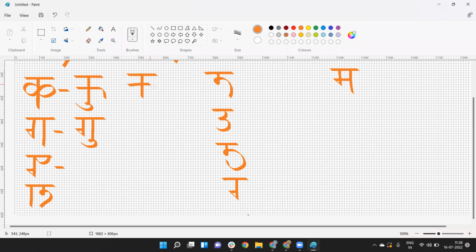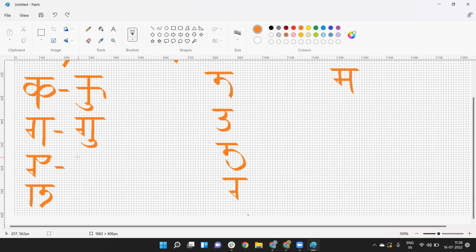That time also we wrote K like this. Correct. Thank you. When it is written below, it won't change the form. So we'll deal with that later. So for now, when it is written with any matra, it's written like this. All right. Thank you.